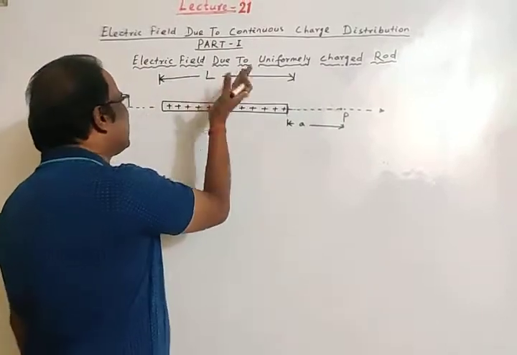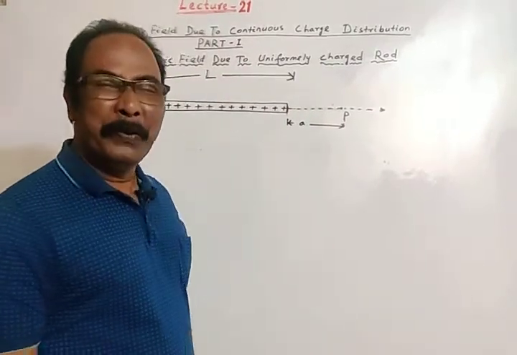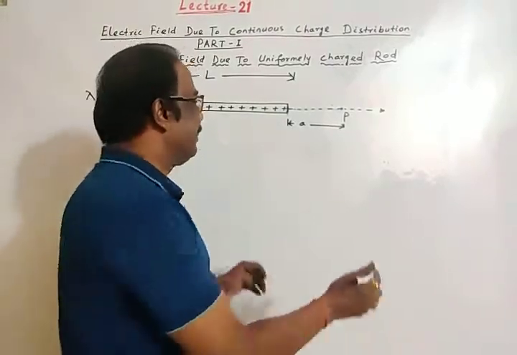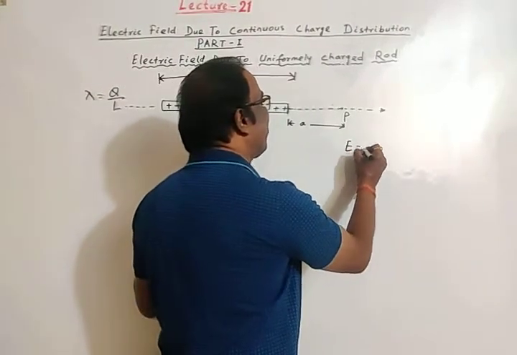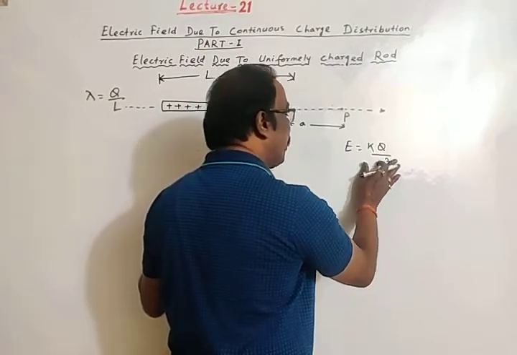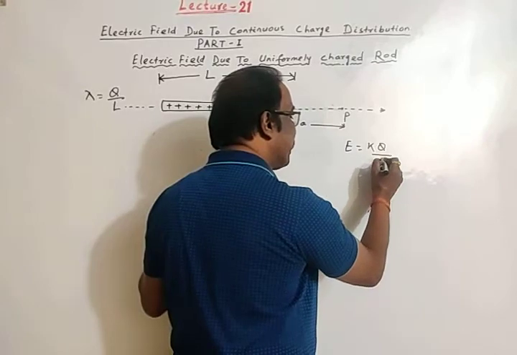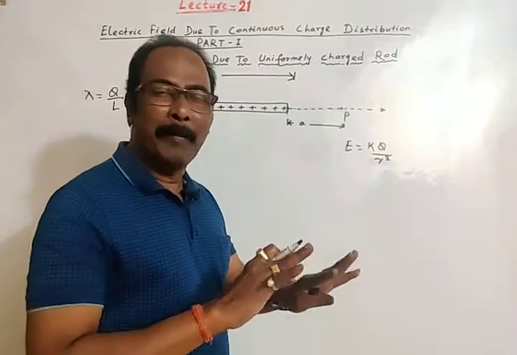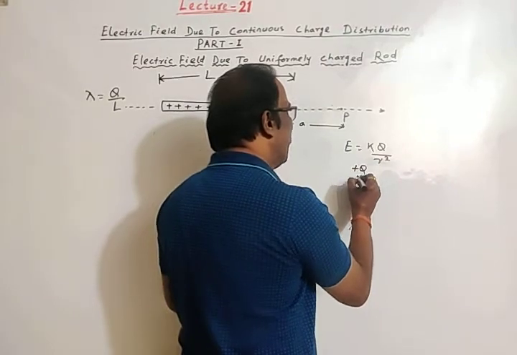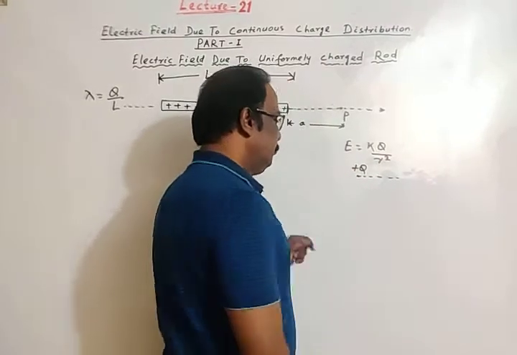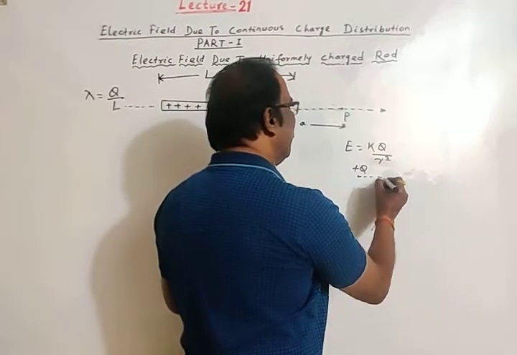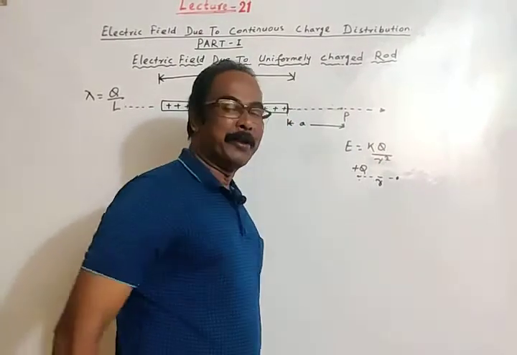The total charge given to the rod is Q, but in this case we can't apply the formula electric field is KQ divided by R square. We can't apply this because this formula is valid for a point charge, where at a distance R, electric field is KQ by R square.